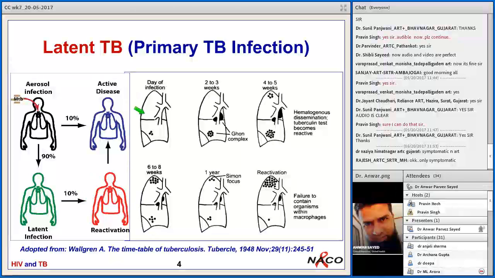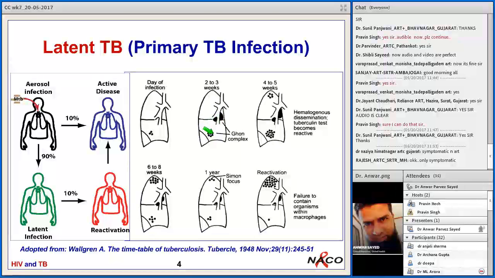So usually it happens like this: at the day of infection, there will be a primary focus, and there will be involvement of the hilar lymph nodes, and also lymphatic involvement. This complex, again the primary area of involvement, is called the Ghon complex, where you have the hilar lymph node, the primary lesion, and also the lymphatics which are involved.